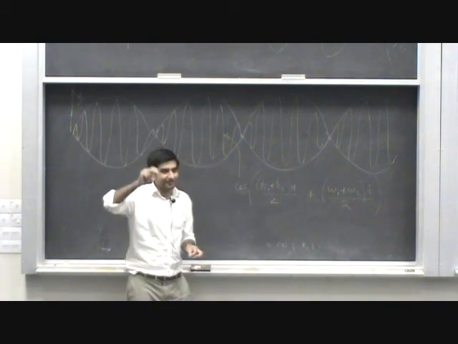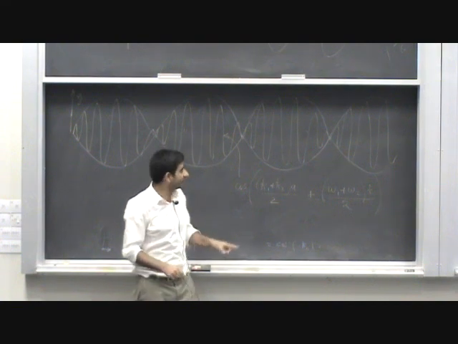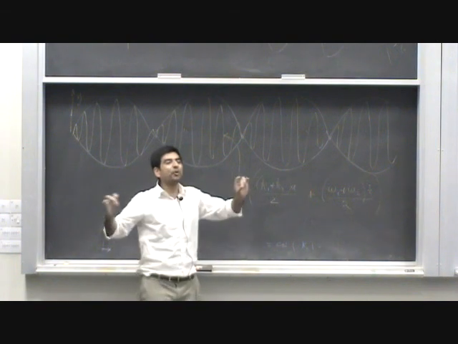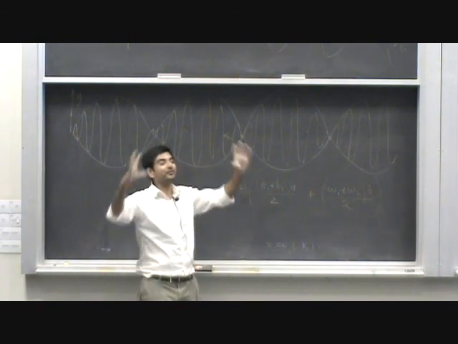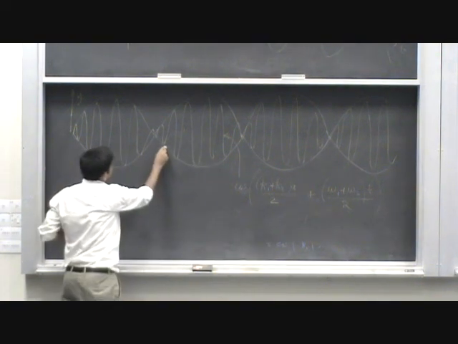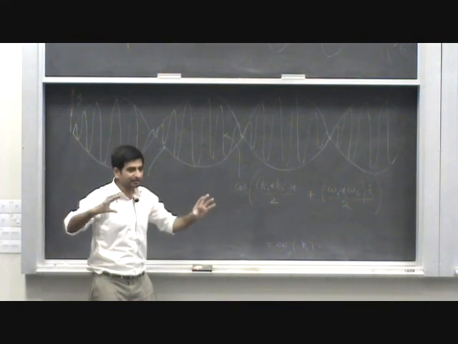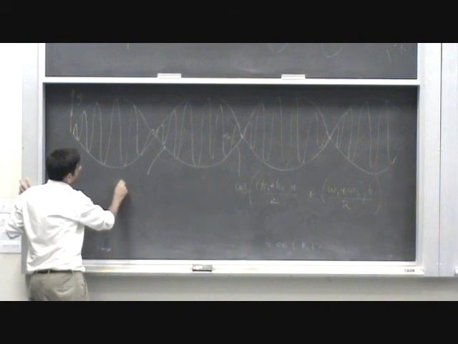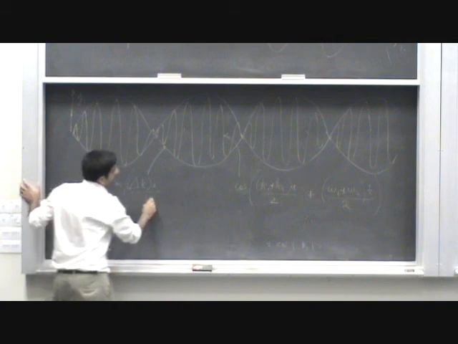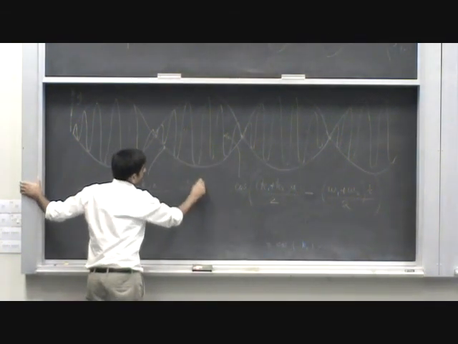So this yellow term that is wiggling at a higher frequency both in time and in space has this form, and you are multiplying this frequency with a smaller envelope, with a smaller frequency envelope. और ये जो envelope है जिसे white से जाहिर किया गया है, this is a slower envelope, smaller frequency envelope, which is of the form cosine delta k x over 2 minus delta omega t over 2.